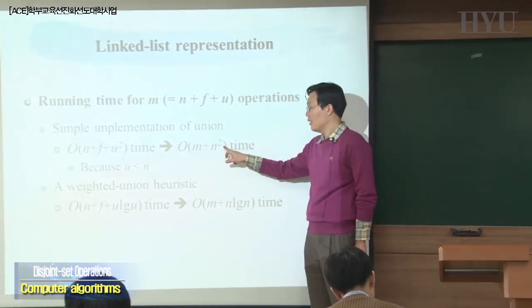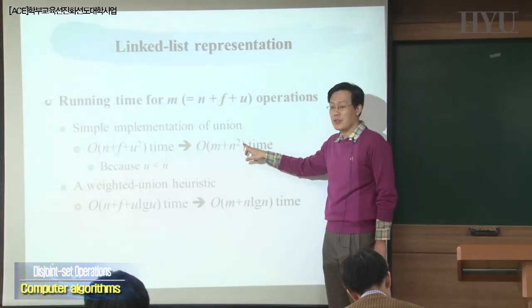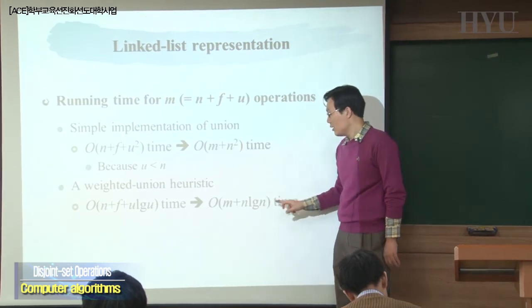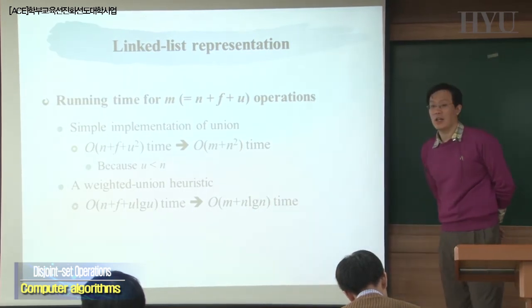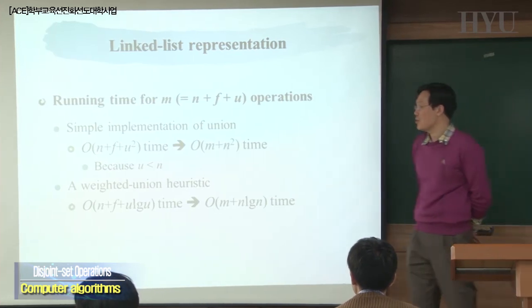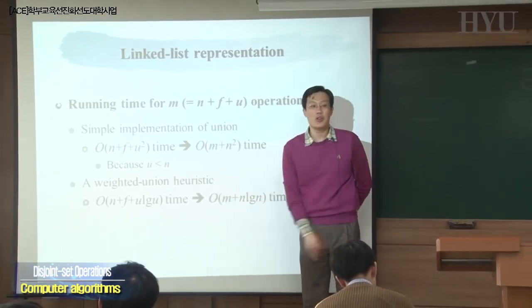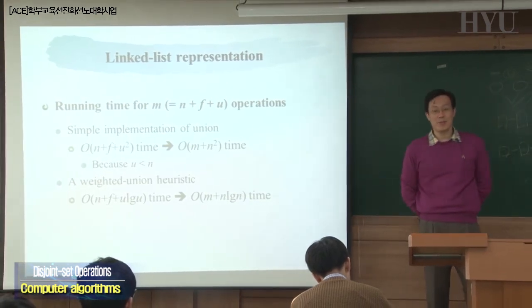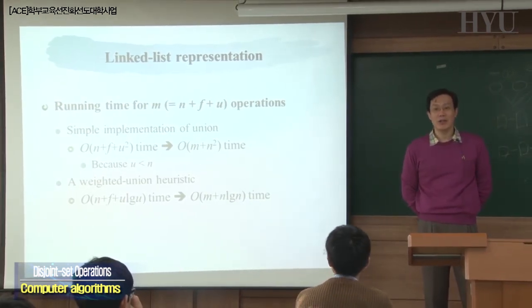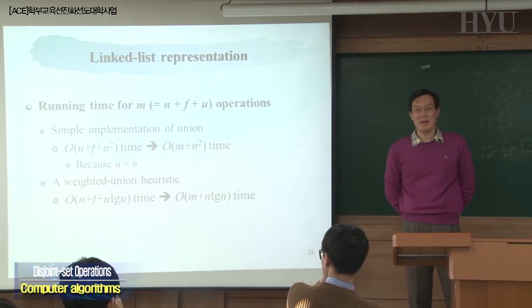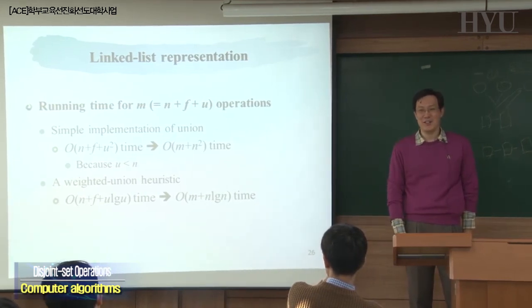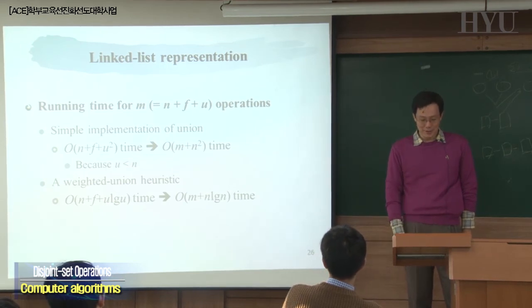And then we can reduce the running time of this to m plus n log n by using a weighted union heuristic. It means we can improve the union operation by a smart idea. It's simple. What would it be?